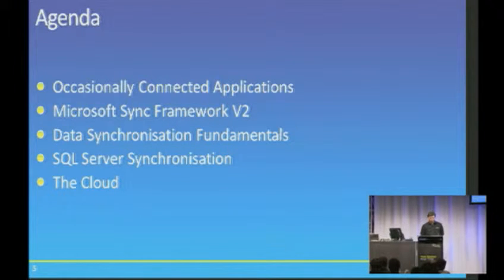And we're going to look at a particular kind of application called an occasionally connected application. Then we'll introduce the Sync Framework and explain the features and benefits of it. Take a look at some data synchronization basics, and then look at how easy it is to add data synchronization to your application. And we will talk about the cloud, because it's actually relevant.